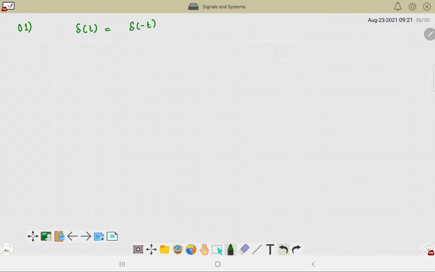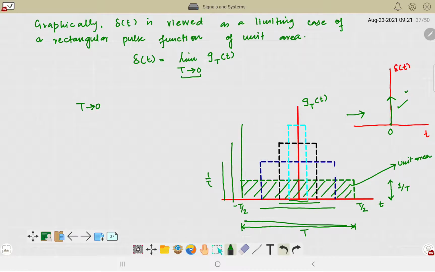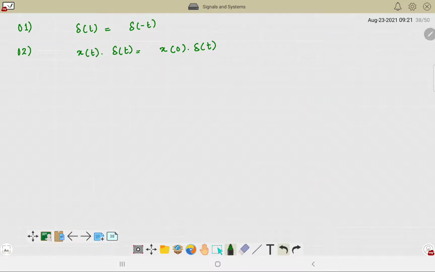Right? So this is one of the properties. The second property is that if you multiply any arbitrary signal x of t with delta t, it is actually the same thing as x of 0 into delta t, which is again quite obvious if you look at the description of delta t, because it's only defined at t equal to 0.